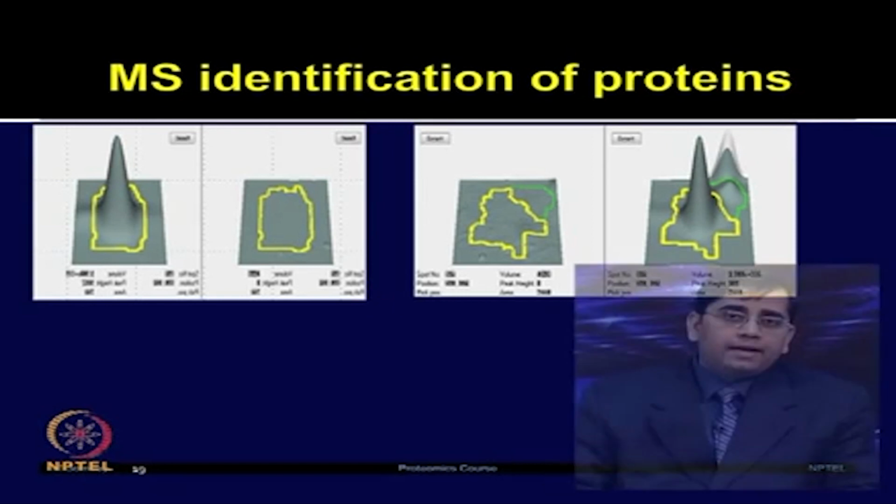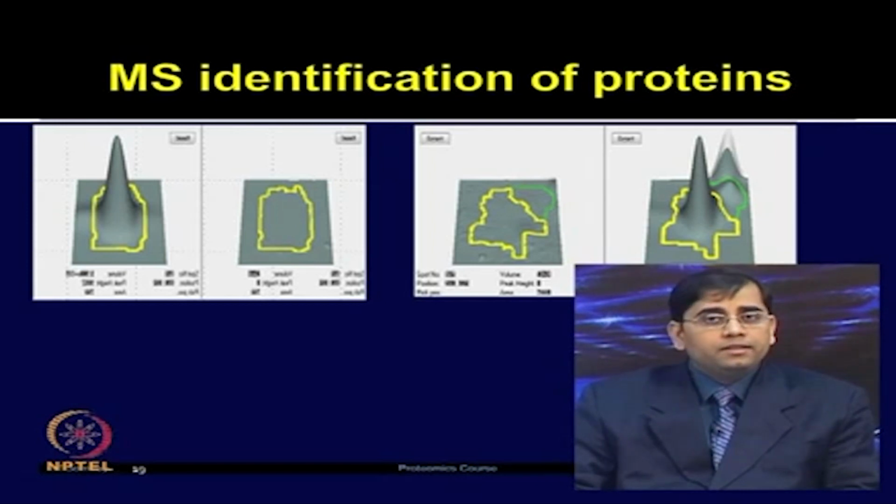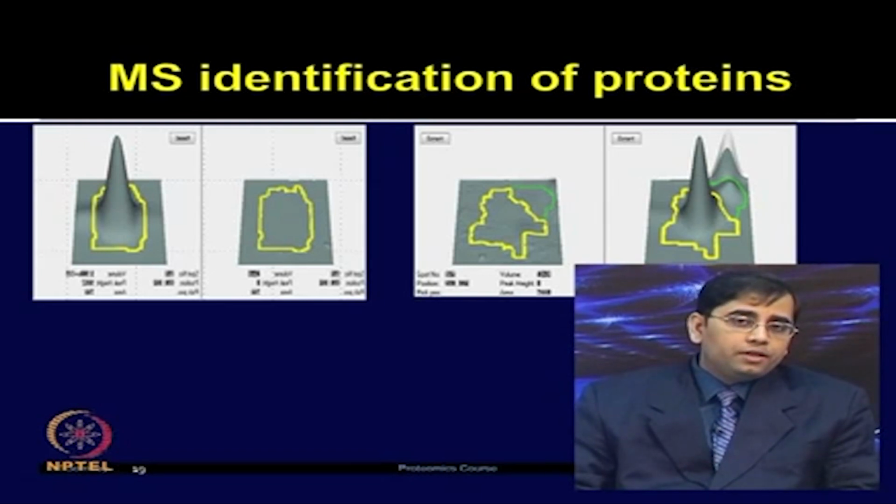Now, after the identity of these proteins was established, 7 proteins which were not detectable in the healthy controls and only observed in the SARS patients included glutathione peroxidase, PRX2, retinol binding protein, vitamin D binding protein and serum amyloid A proteins.